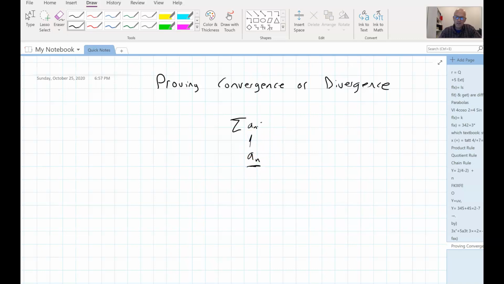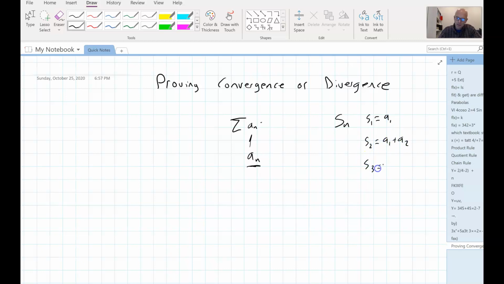But then you also have the sequence of partial sums, which is often referred to as this, where this represents, in this case, S sub 1 would be equal to A sub 1. S sub 2 would be equal to A sub 1 plus A sub 2.